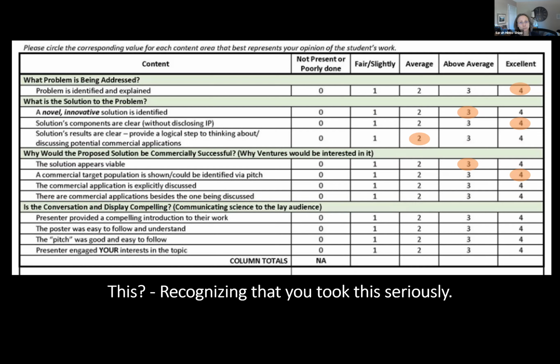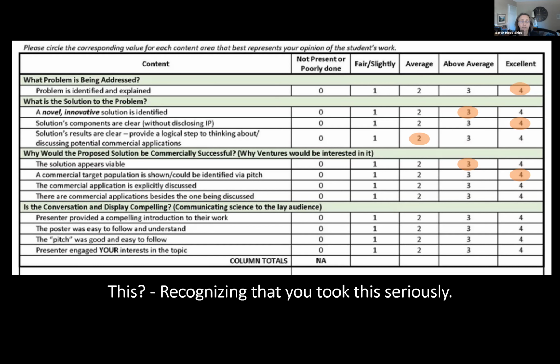They have a commercial target population, which we say commercial, but what we really mean is you've identified the people who will use your solution, whatever that happens to be. Whether they pay for it or not is irrelevant in terms of commerce, but there is somebody who will use it, and you've identified that.